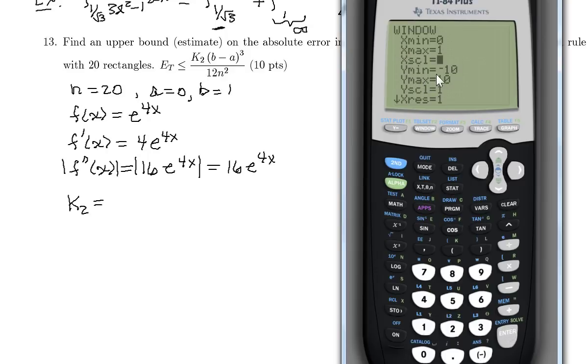Okay, and then it never goes below 0, so let's go ahead and set our y min to be 0, and our y max, it might end up being higher. Let's go ahead and graph and see what happens. So we graph here, and so this is our exponential function between 0 and 1, and it goes off the right of the screen. So that means that we have to change our window, increase the y max here. So that's why we increase that to 20 and graph again.